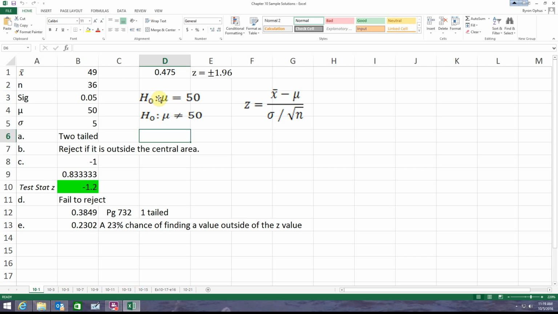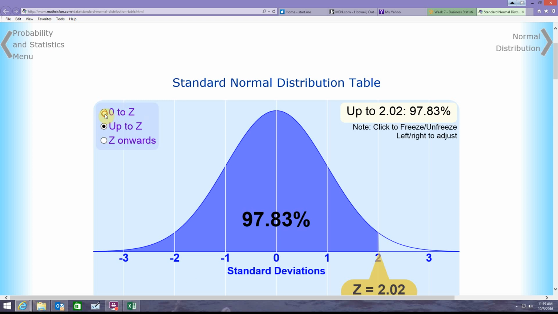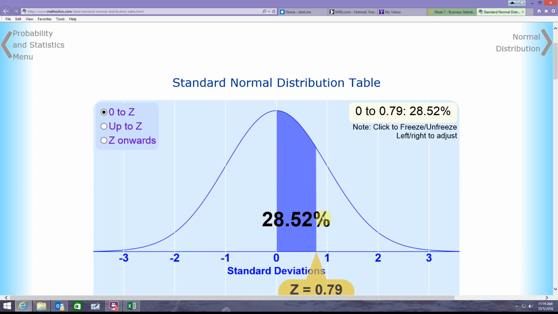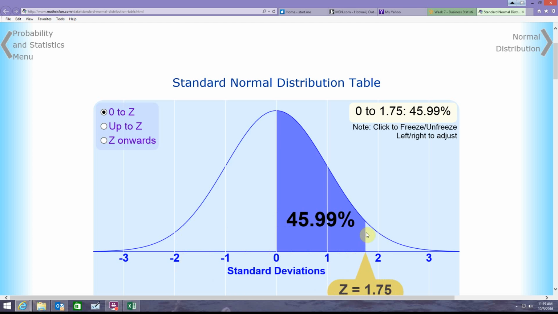So we reject the hypothesis if it's outside the central area. All we're saying is that we're going to reject it if it's outside of this area here, based on the level of significance. Let's go take a look at that.